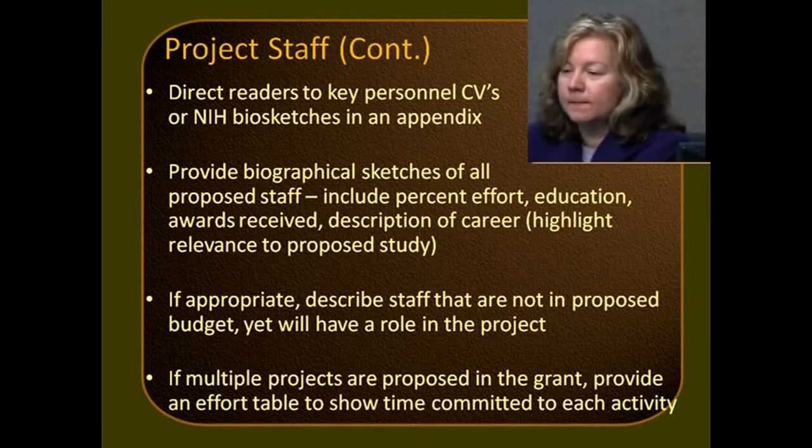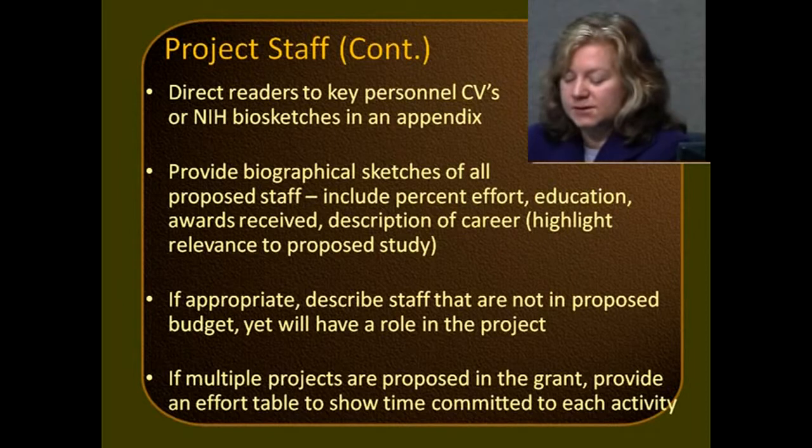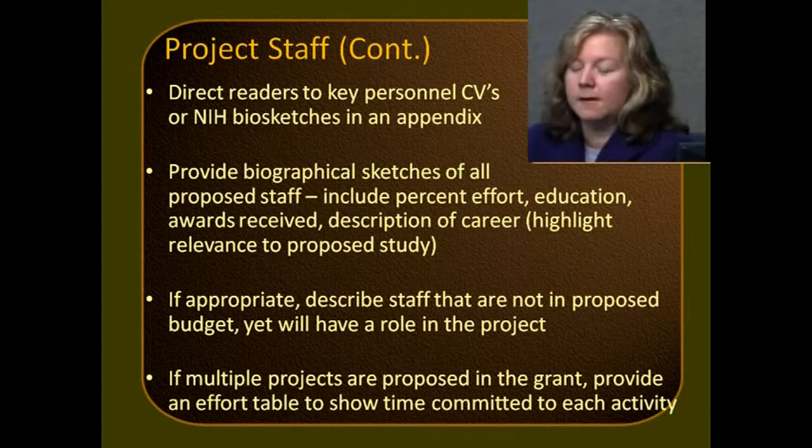So for example, we might include in there members of the interdisciplinary rehab team who may help in recruiting individuals for some of our projects, nursing staff, physicians in other clinics. These are people that have a role in the grant, although they are not actually funded off of it.